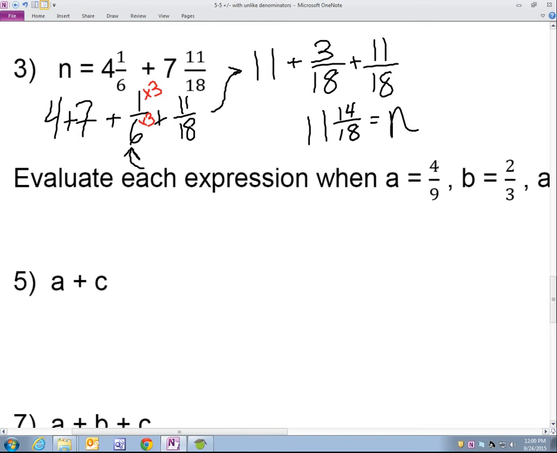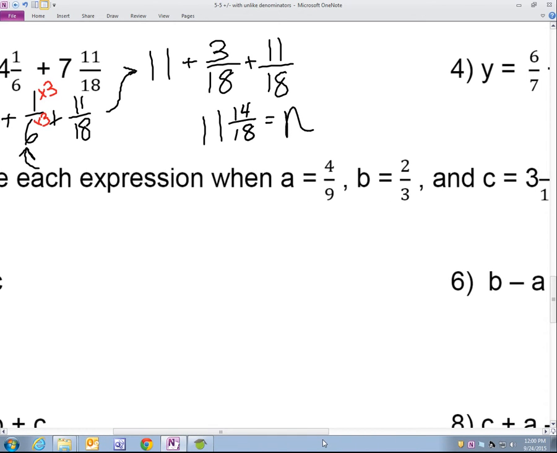Am I done? No, why not, Ian? Because we can divide 14 and 18 by 2. Good. We can reduce that by 2. So it's going to be 11 and 7 ninths. I'm going to circle those. Make sure we reduce. Make sure we reduce.